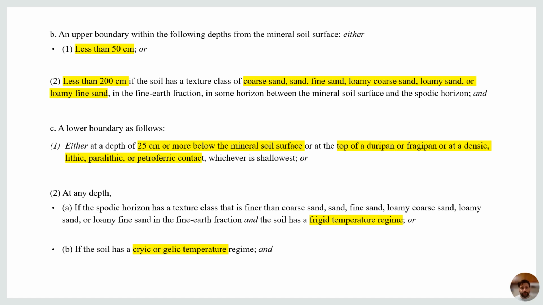We also should find that the top of this spodic horizon is found in the first 50 centimeters below the surface, okay, or in the first 200 centimeters if this spodic horizon possesses a sandy or a loamy texture, okay, and the materials between these horizons also present this kind of texture.